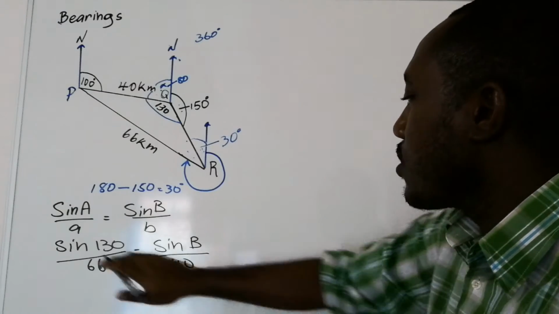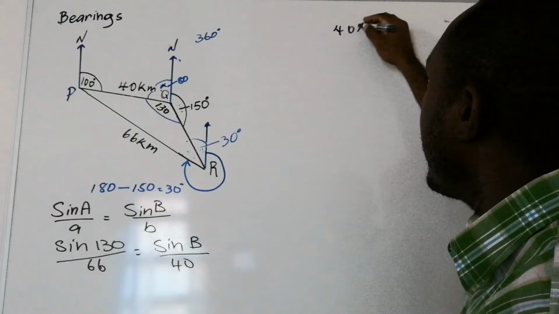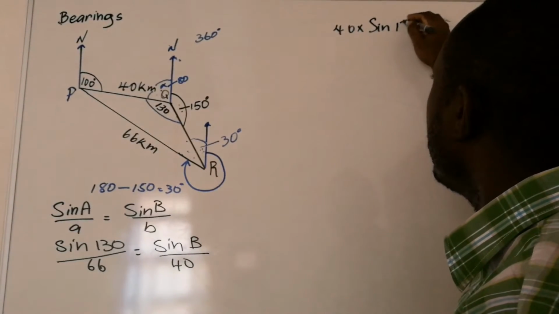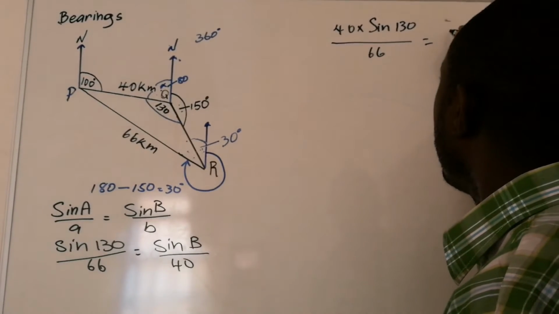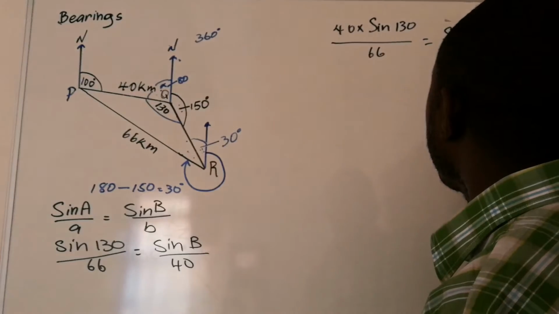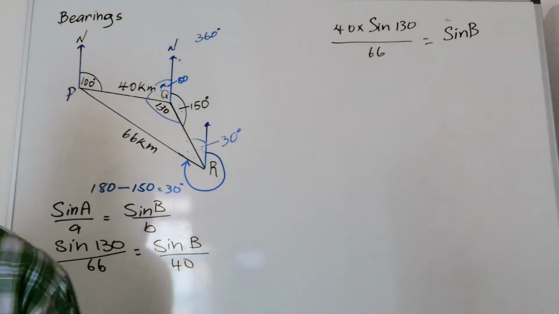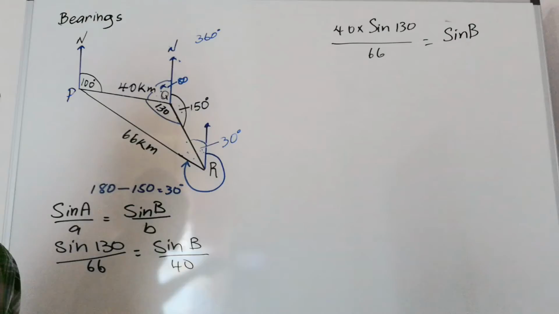So we transpose, we carry our 40 over there. So 40 times sine 130 over 66 is equal to sine B. So what you could do is pause the video at this point, and see if you can work out that question to find what B is equal to.